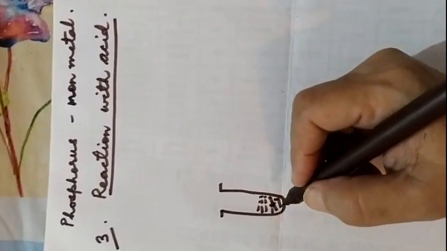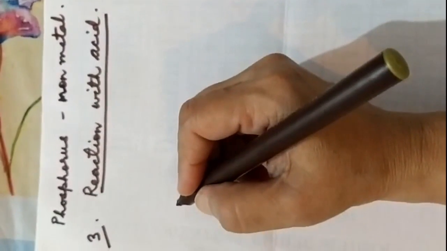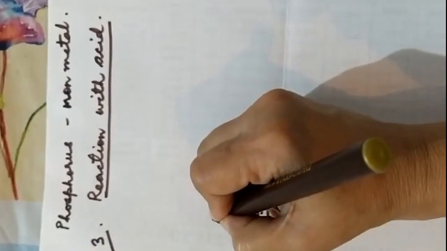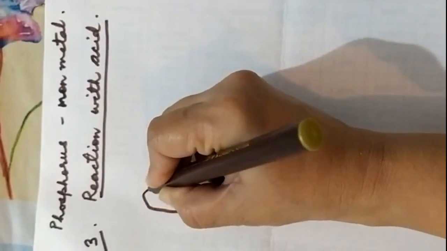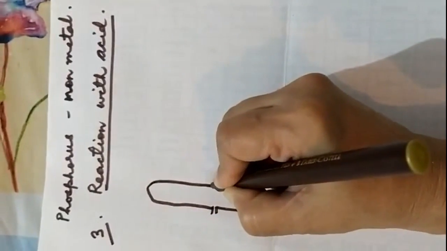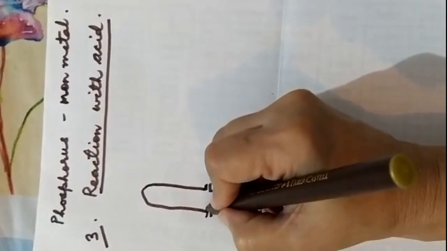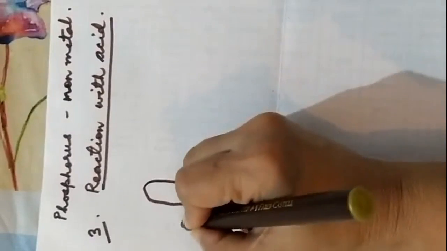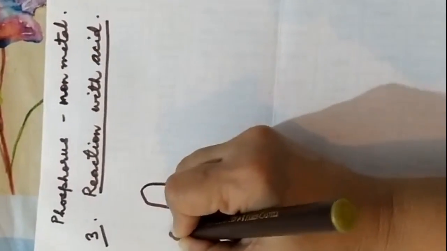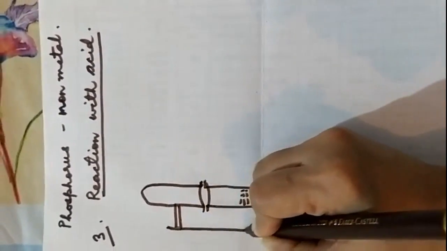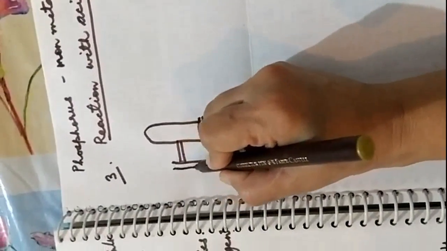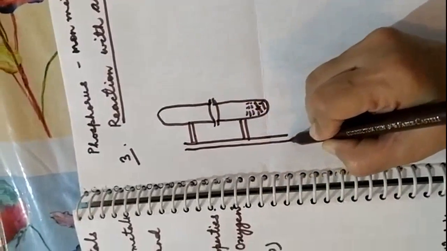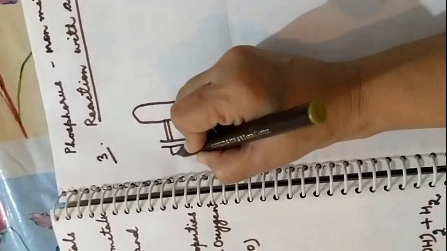We will invert another test tube over the mouth of the first test tube, and again it is installed with the help of a stand.